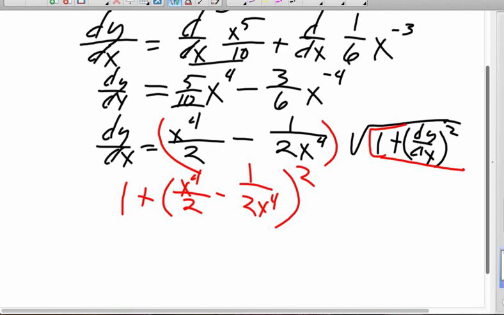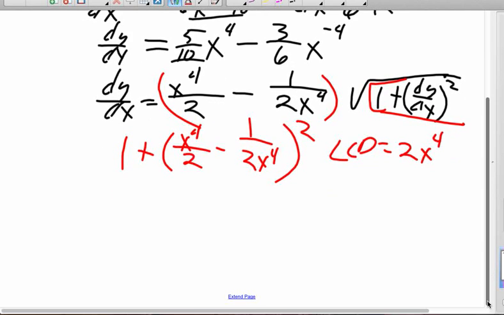So I know the first thing I'm going to have to do is get a common denominator inside here. And my least common denominator is going to be 2x to the 4th. All right? You should see a pattern here. Common denominators, common denominators, common denominators. So I'm going to have a 1 plus. And then to do this, I'm going to have to multiply the top and the bottom by x to the 4th.